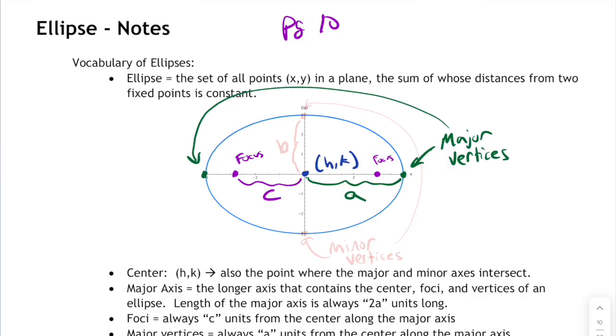And those endpoints we call the minor vertices. That one there, and that one there. Okay. And the distance from the center to the minor vertex is b units.